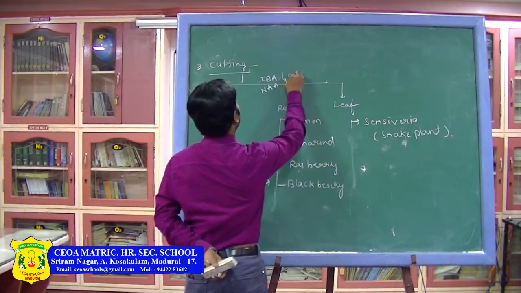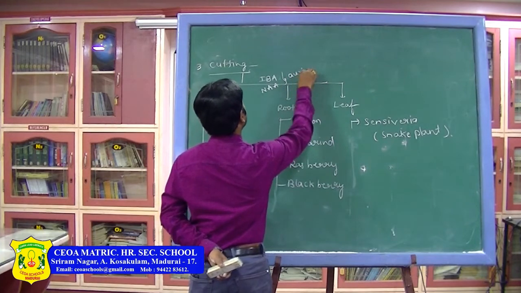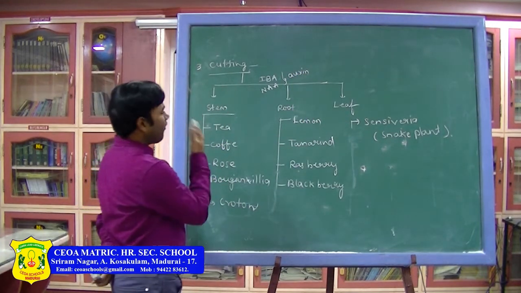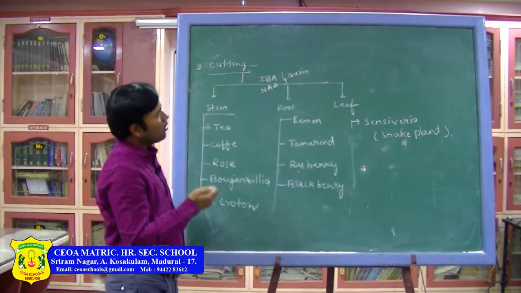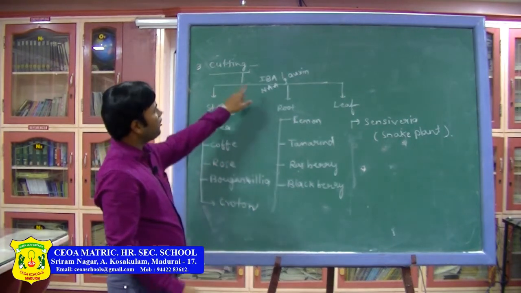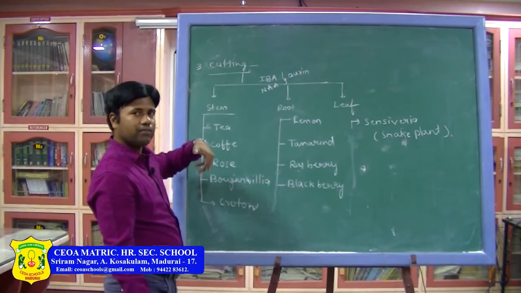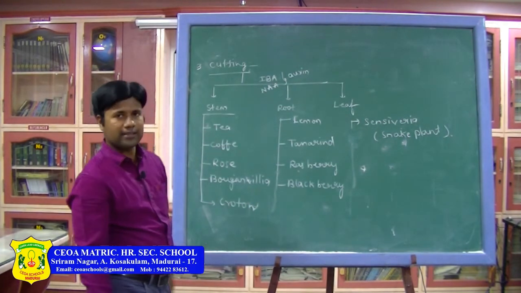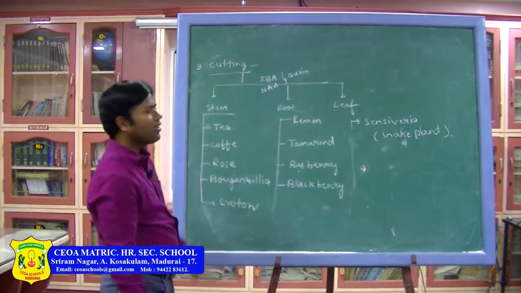These all are oximes only. What do they do? They do root initiation. So if you dip the lower part of the cut in the oxime, root initiation will take place due to these oximes. Okay, this is about cutting.